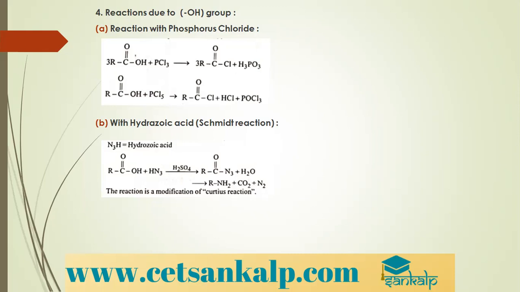If you are using phosphorus trichloride, the OH group gets substituted with Cl, you get acid chloride, and there is formation of phosphorous acid, H3PO3. If you are using phosphorus pentachloride, you surely get acid chloride plus HCl plus phosphorus oxychloride.